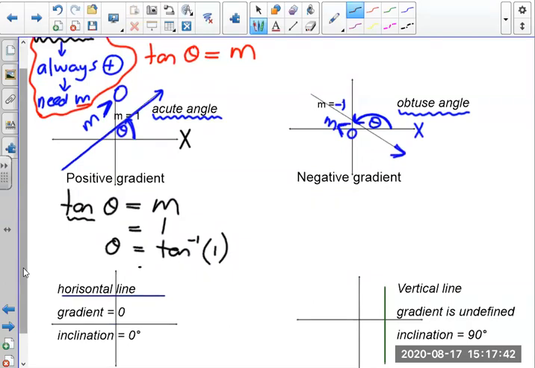And what do you get when you say shift tan 1? You get 45 degrees. So that angle there is 45 degrees. For a positive gradient, your inclination will be an acute angle, and there you see 45 is an acute angle.